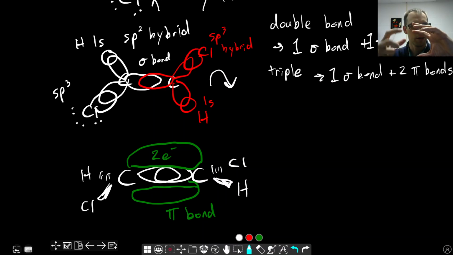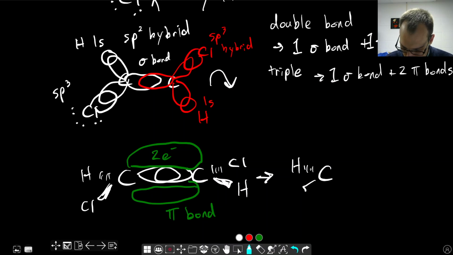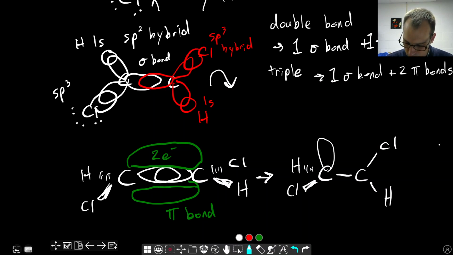If we turn everything 90 degrees like this, I'm going to keep the left side the same and have our sigma bond here, but we could twist this such that the chlorine is pointing up and the hydrogen is pointing down. What we have is one p orbital here and the other p orbital pointed 90 degrees apart, and there will be no pi bond.